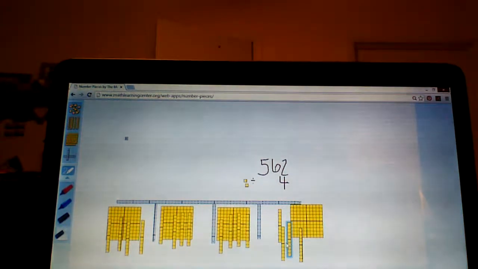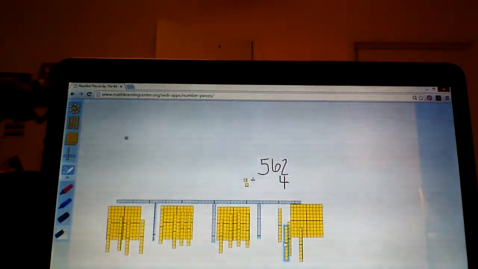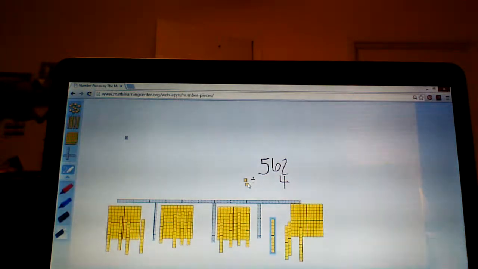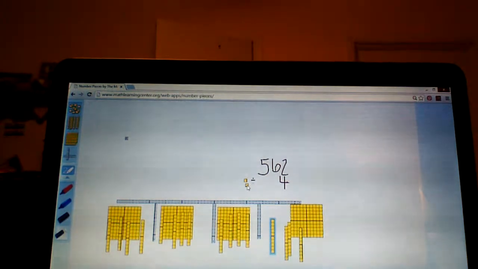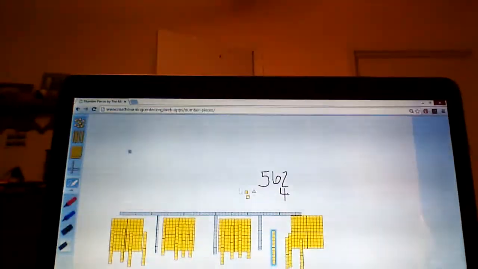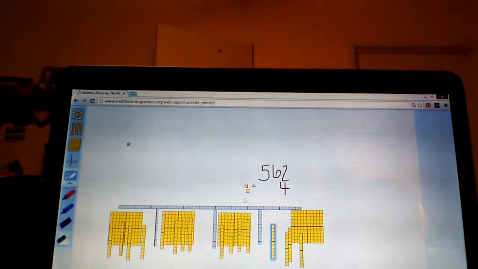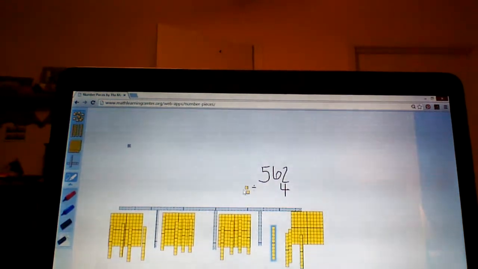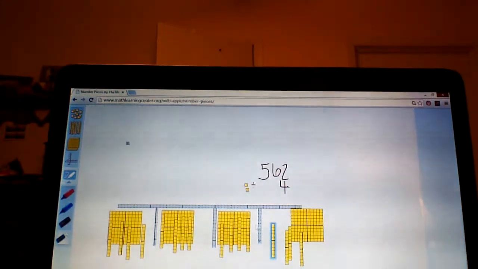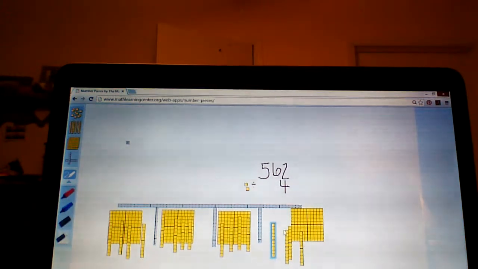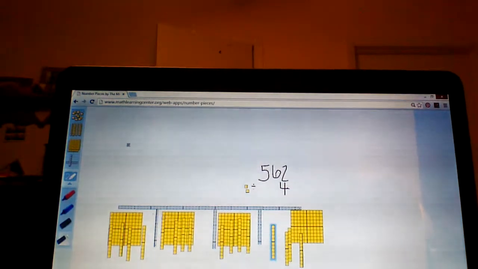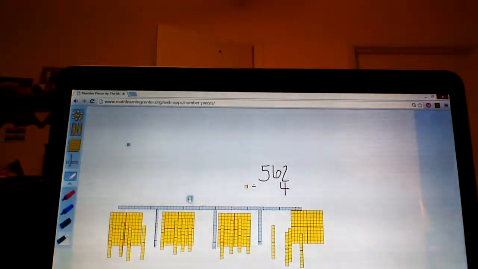Okay, look at that. Now we have 2, but we can't distribute these 2 evenly. We can't just put 1 over here and 1 there. We have to have it all in the same one. So we have 2 left over.